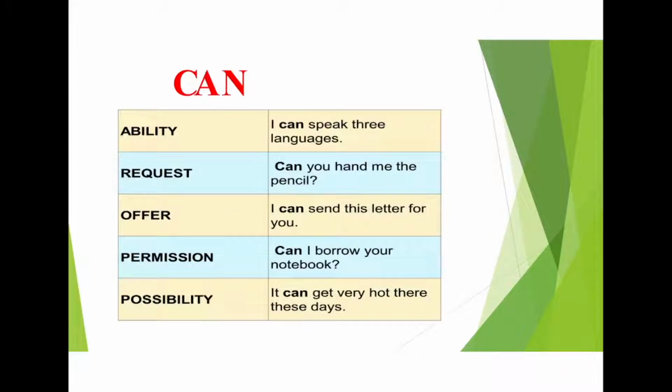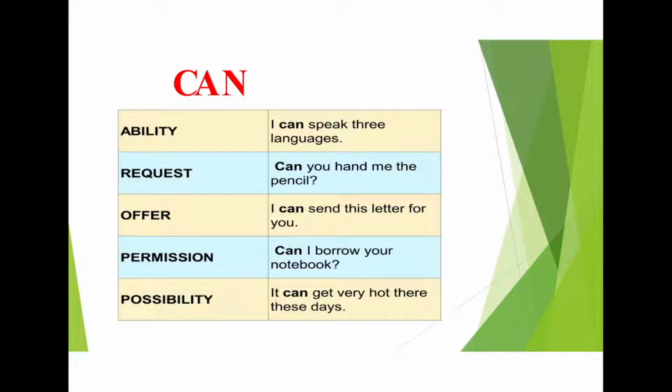Now viewers, can as a modal verb is used when you want to show some ability, your capacity to do something. If you're requesting somebody, if you're offering somebody, if you're taking permission from somebody who is close or known to you, or even to show a possibility that is most likely to happen.